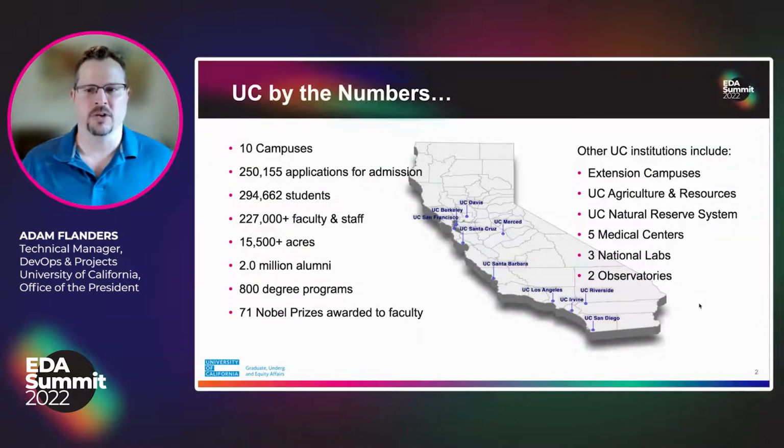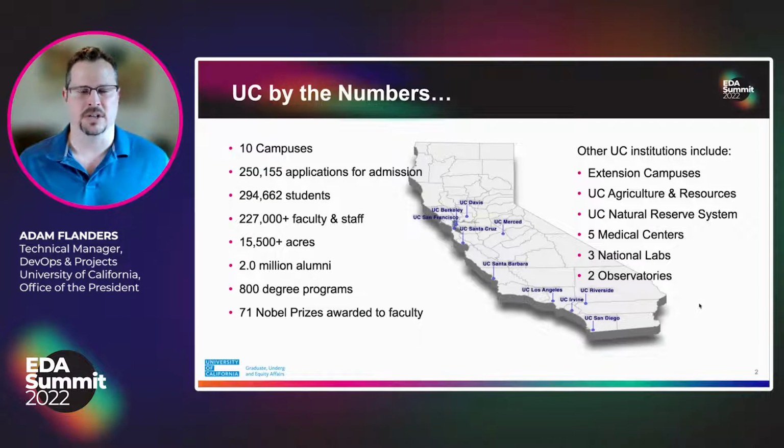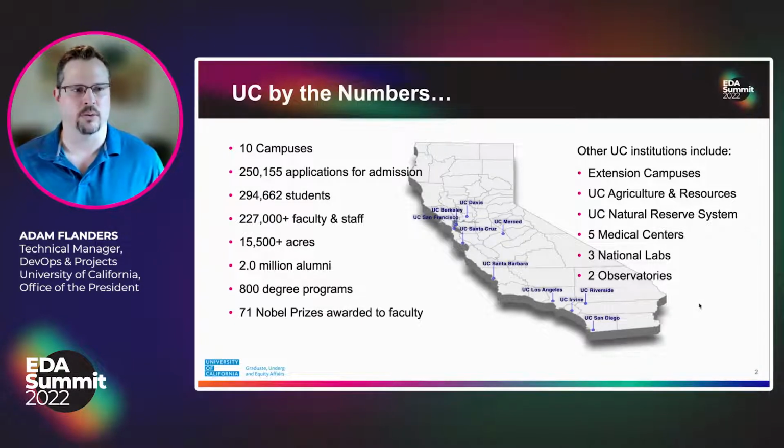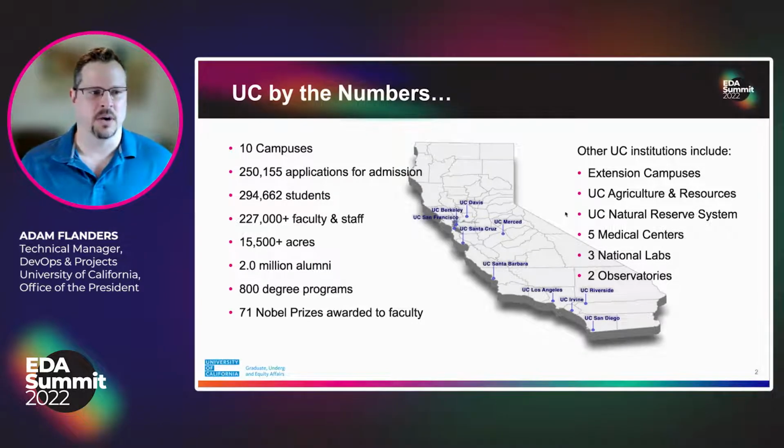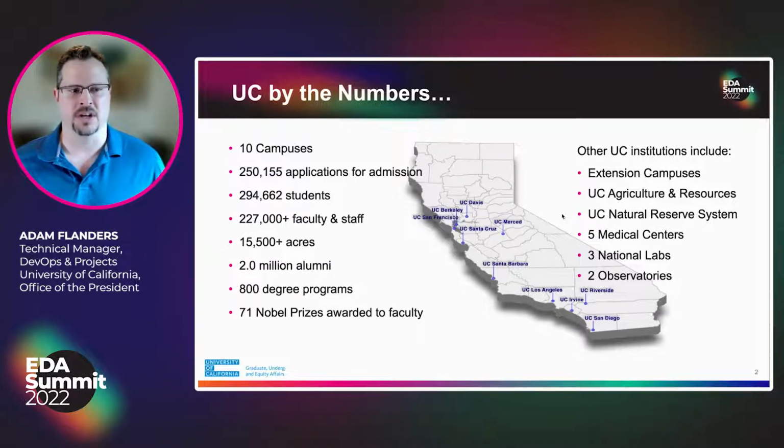So to start, the University of California is a state university system with campuses spread all throughout the state of California. This consists of 10 campuses with over 250,000 applications for admission that were received last year.